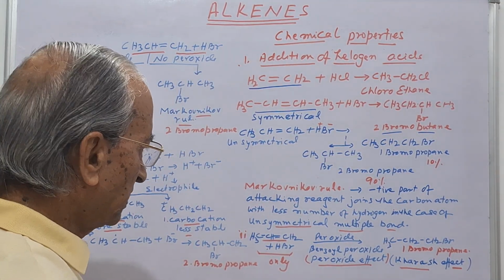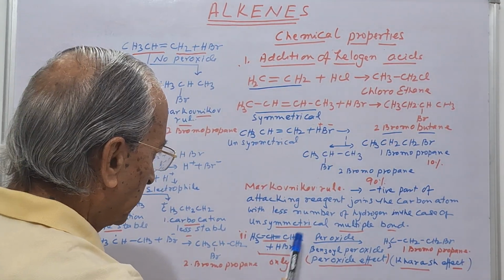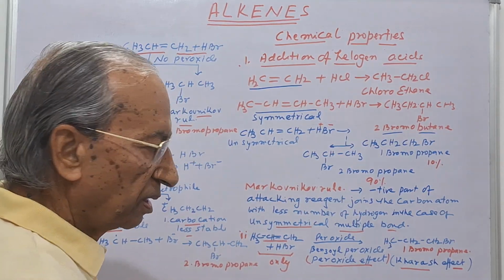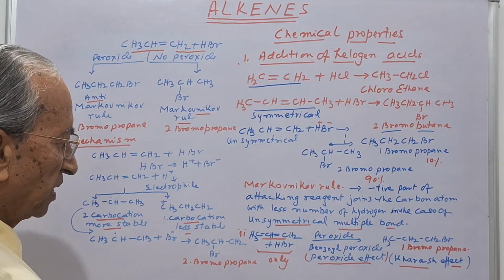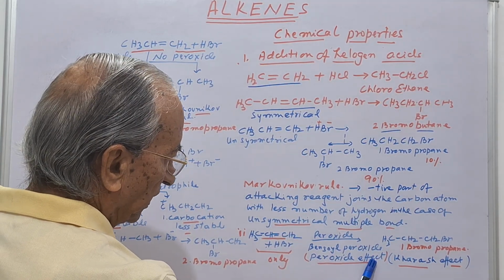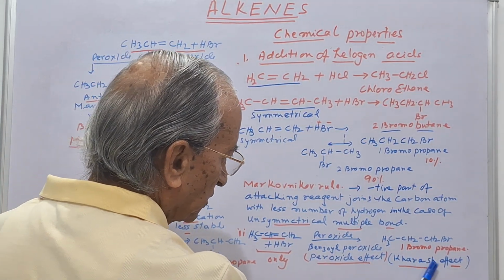This is the special case. This reaction is only with HBr, not with chloro, iodo and fluoro. And this is known as the peroxide effect, or it is also known as the Kharasch effect.